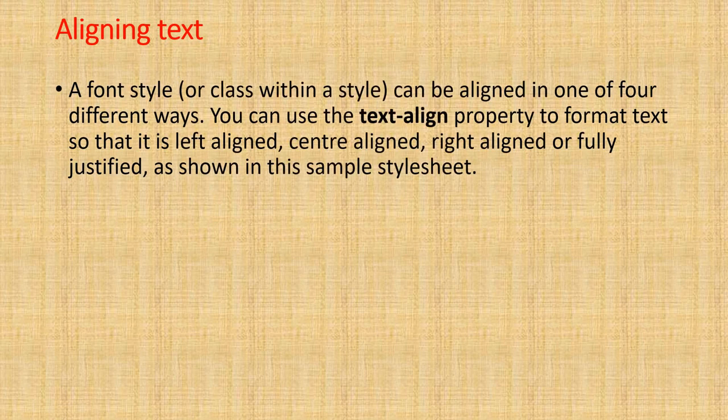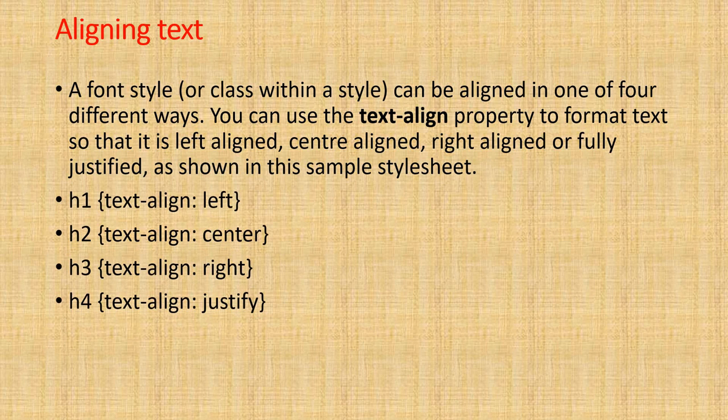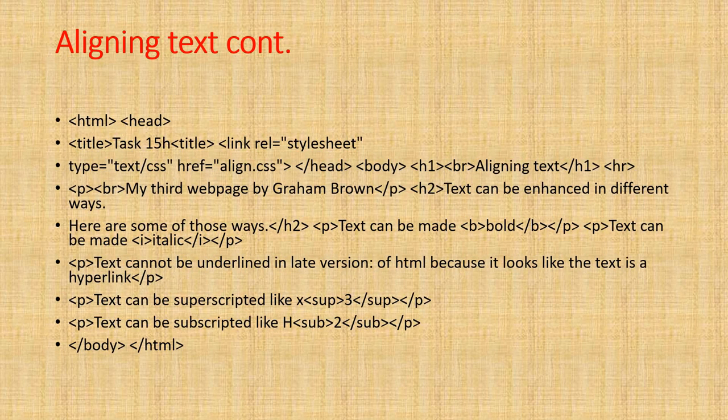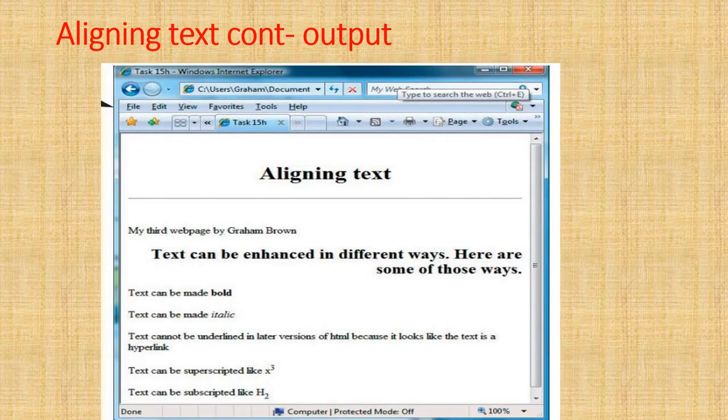As well, we can also align the text like left alignment, center alignment, right, justify, and so on. An example of HTML codes that uses HTML alignment codes is here. So when you run the codes, this is what you're going to get.